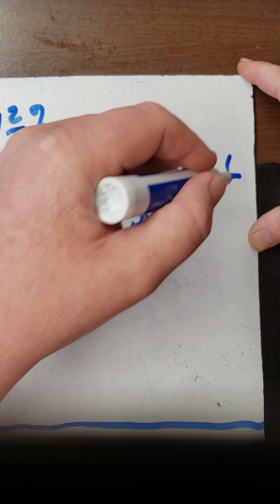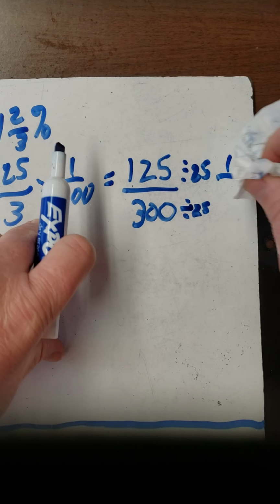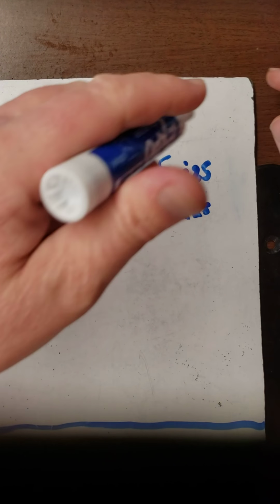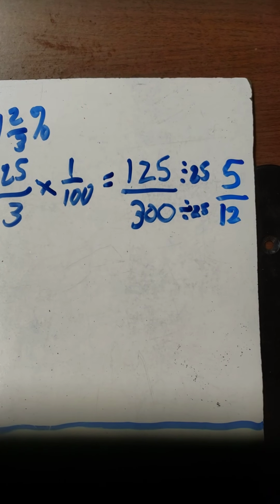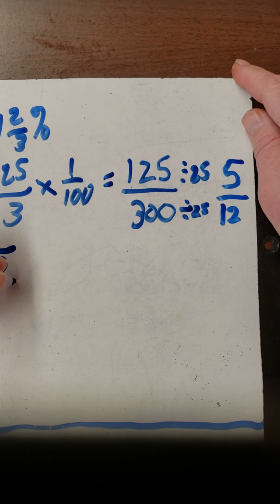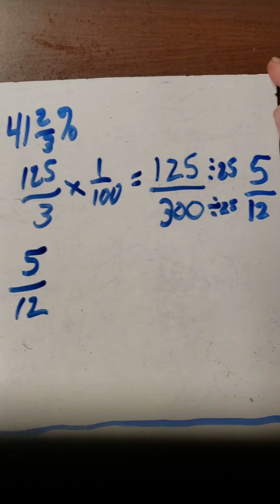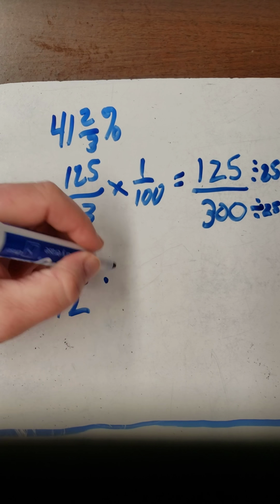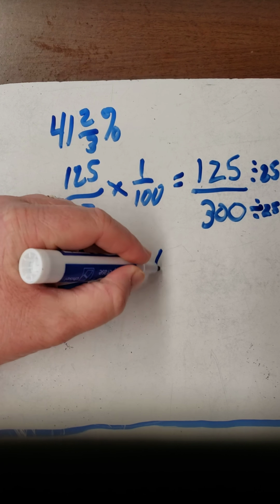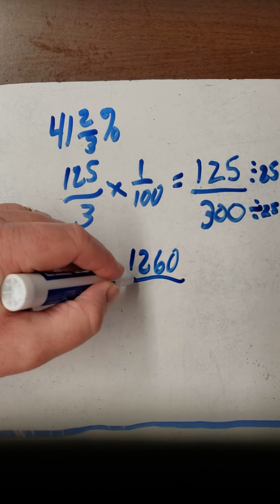Oh, no, I'm sorry. I'm not thinking straight today. This becomes 5/12. Okay, so you have 5/12. Then there's a total number of votes of 1,260 over 1.